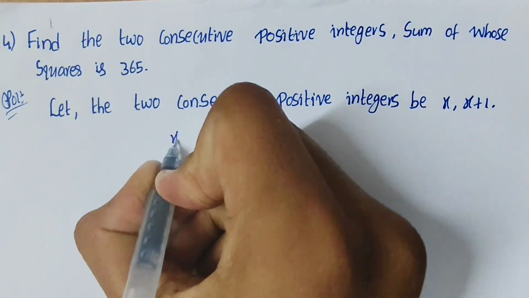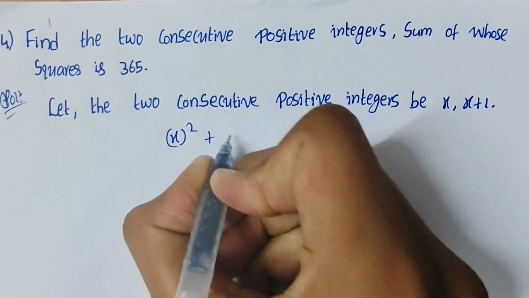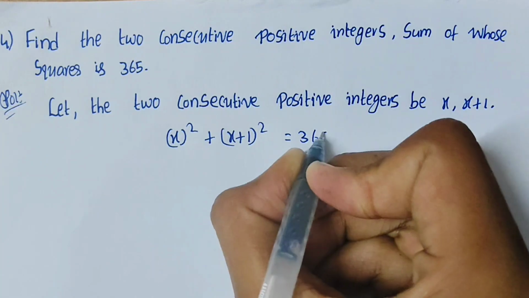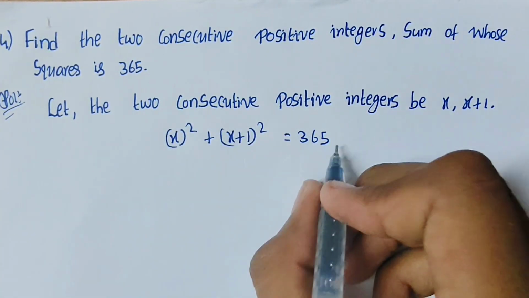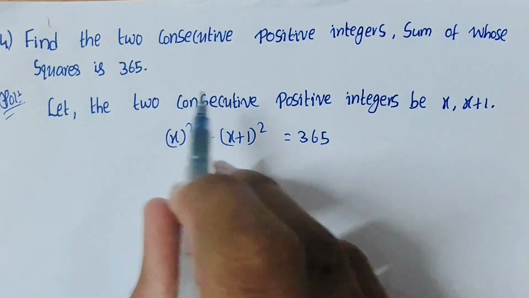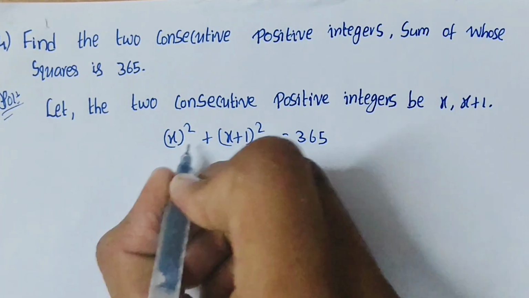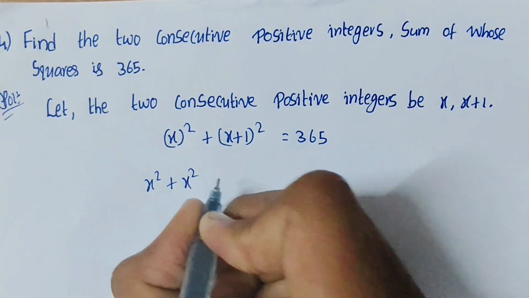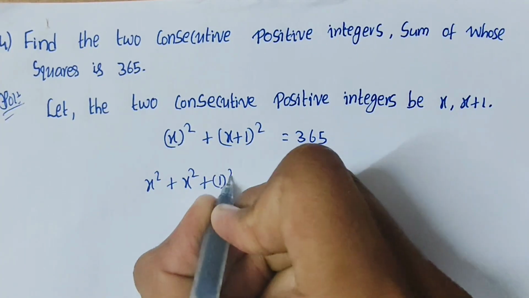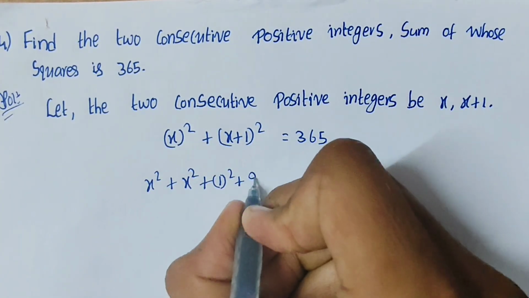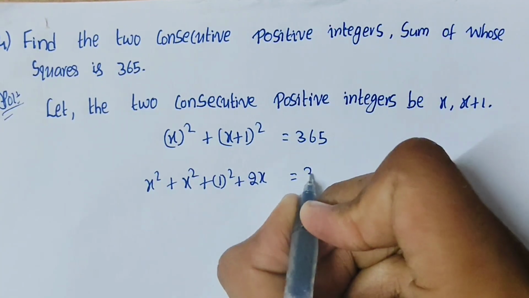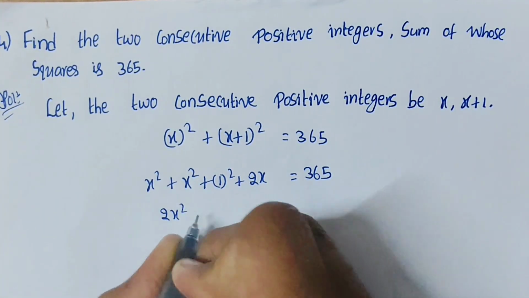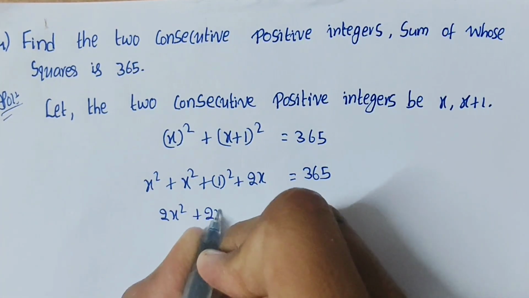So x square plus x plus 1 whole square equals 365. It is the step for the sum of whose squares is 365. So x square plus, it is in the form of a plus b whole square. I am writing x square plus 1 square plus 2 into x into 1, which means 2x, equals 365. So 2x square plus 2x plus 1.